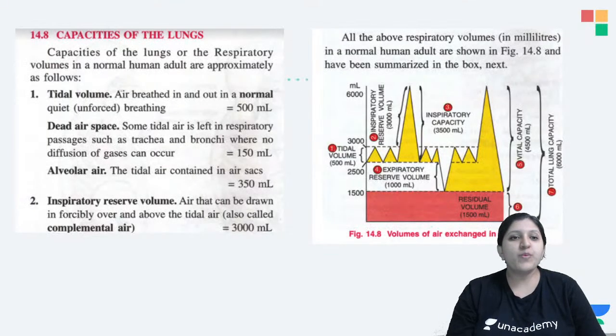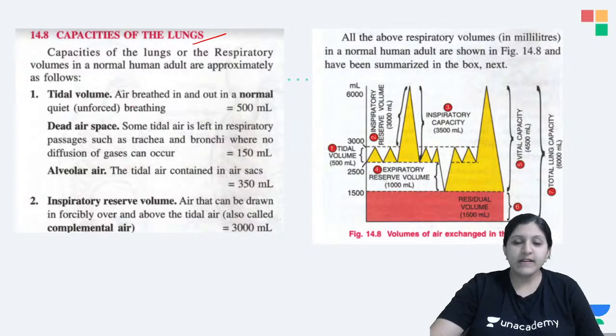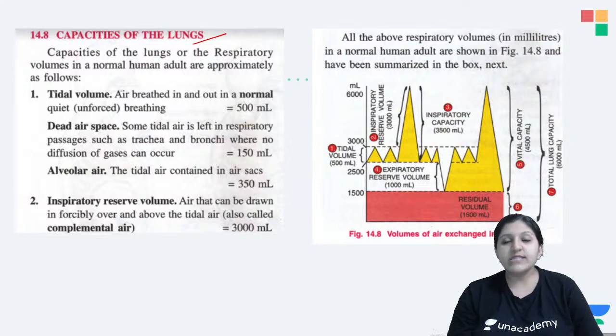Moving on to the capacities of the lung. We have seen the lung structure: bronchi, bronchioles, then the terminal bronchioles ending in the alveolus, the alveolar sac.